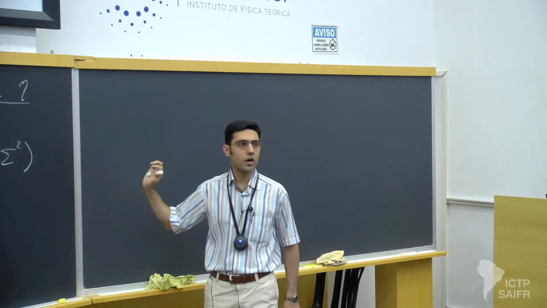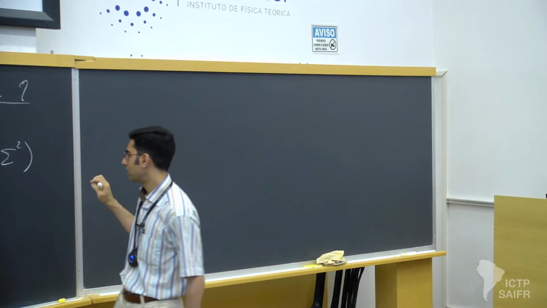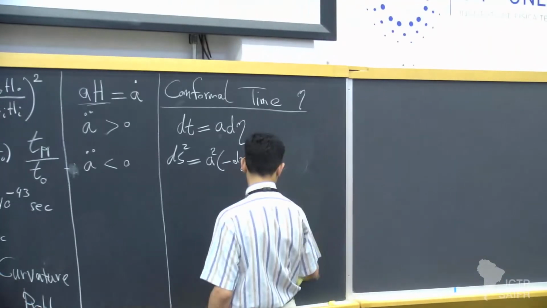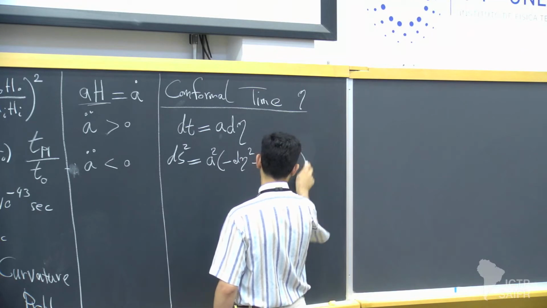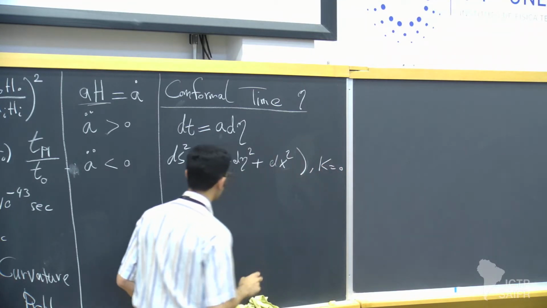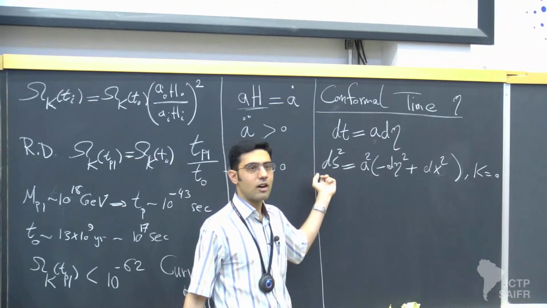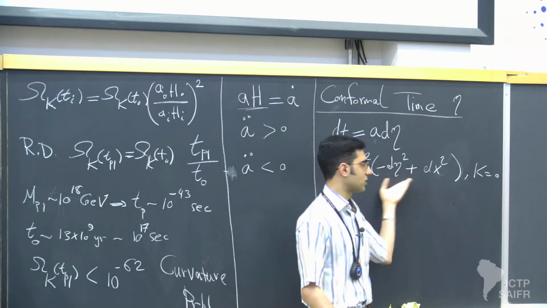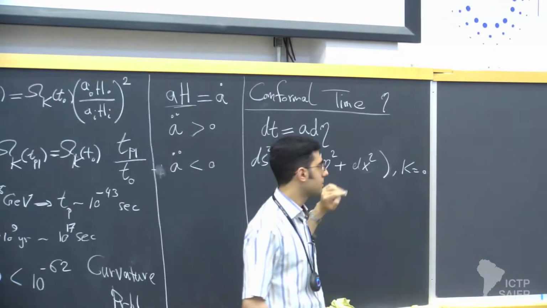Now let us also focus on k equals 0 for simplicity. Then this becomes just dx squared. Now, why is it called conformal? Because the metric is conformally flat. This is just a flat Minkowski metric.